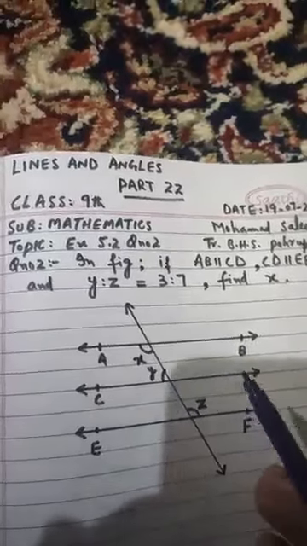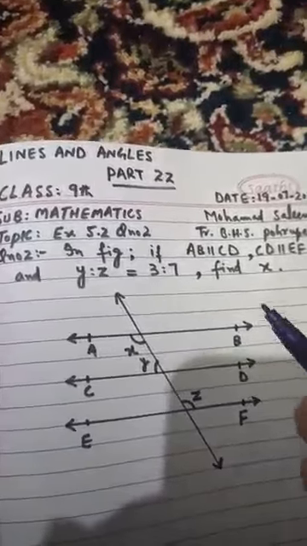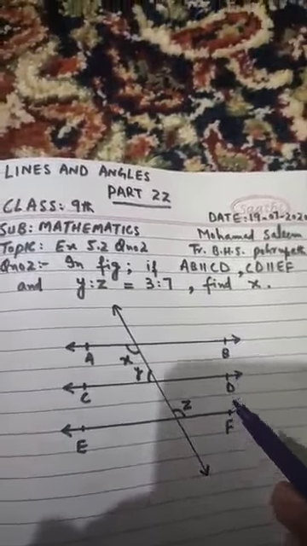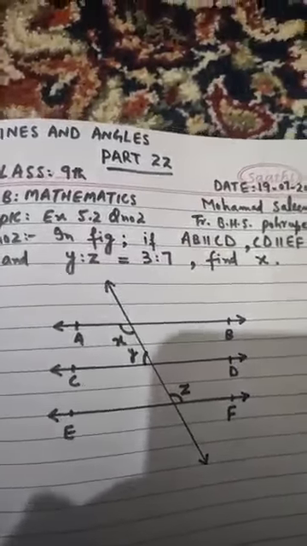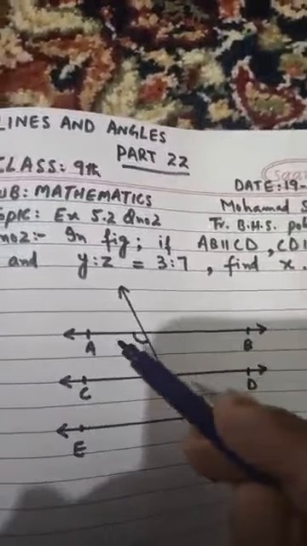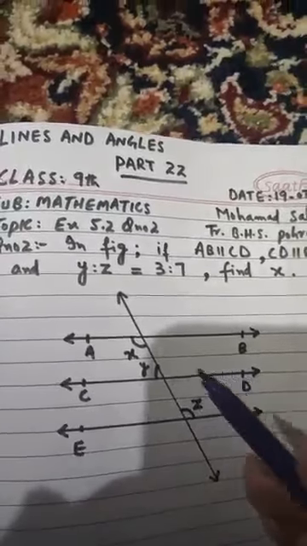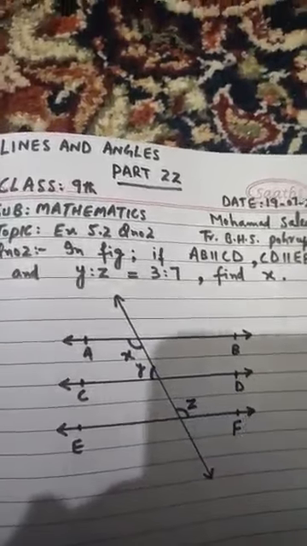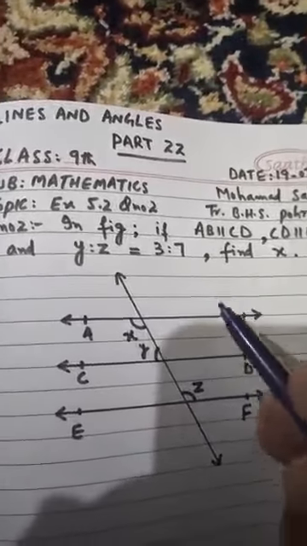We can say that all these three lines are parallel to each other. AB is parallel to CD, EF is parallel to CD, means these two lines are parallel to the same line. That means all the three lines are parallel to each other.